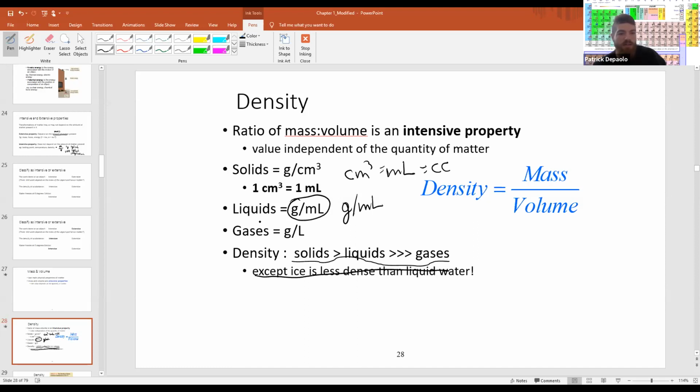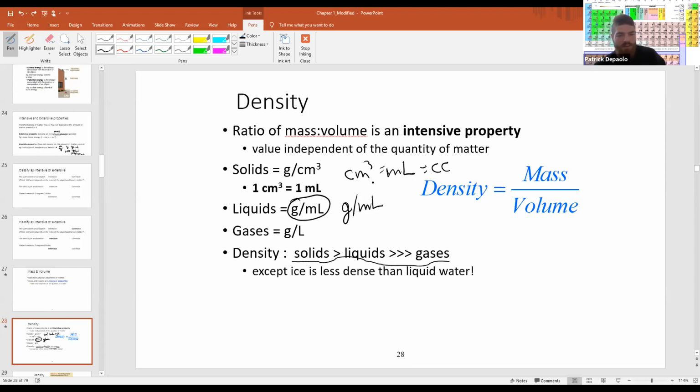That makes sense, right? There's more movement, more expansion as you go from solid to liquid to gas. That's why there is lower density with gases, which is why you need a bigger unit. You need per liter, not per milliliter, to get a tangible number for this value, because gases are so undense.